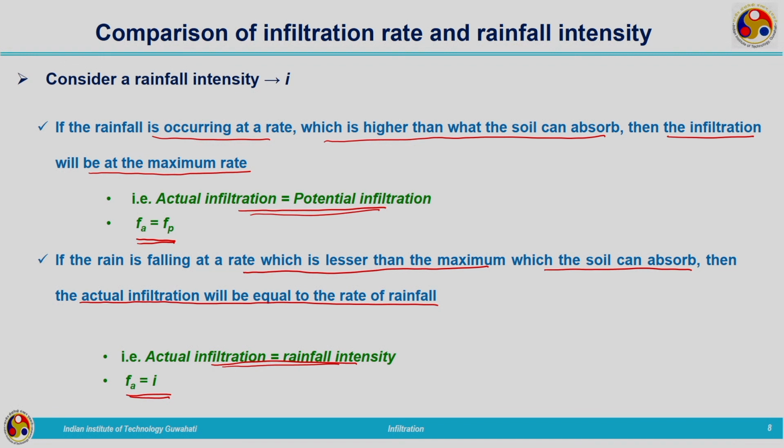So, this much about the basic understanding related to infiltration. We have seen what is meant by infiltration. For understanding the infiltration process, we have understood the soil moisture profile clearly, and the 4 different zones which can be present beneath the ground surface during the time of rainfall. After that, we have seen the representation of infiltration by means of infiltration rate and cumulative infiltration, and the relationship between them.